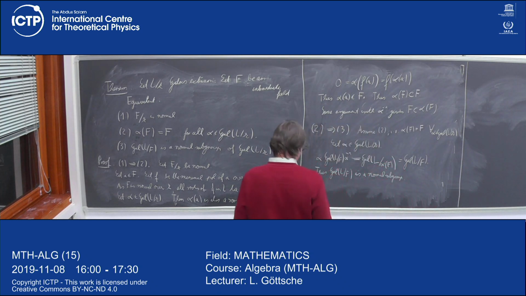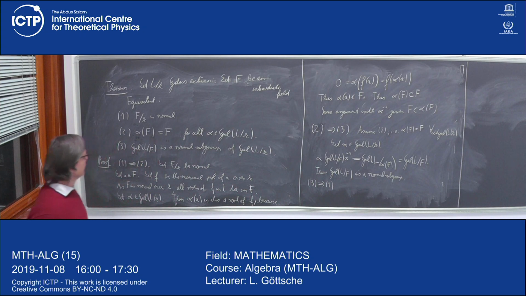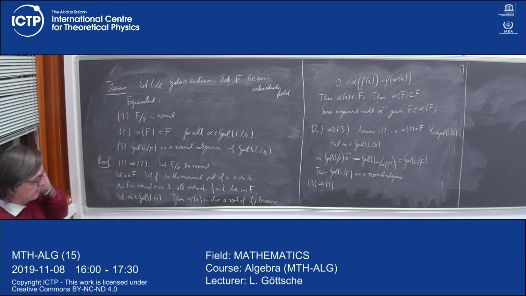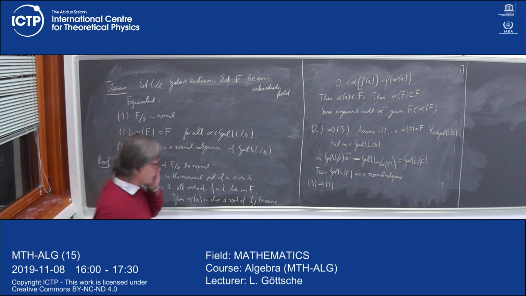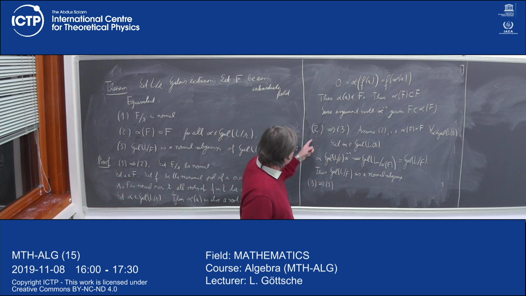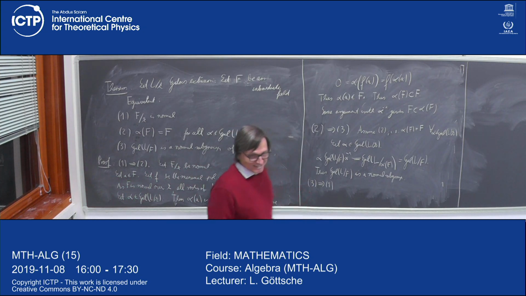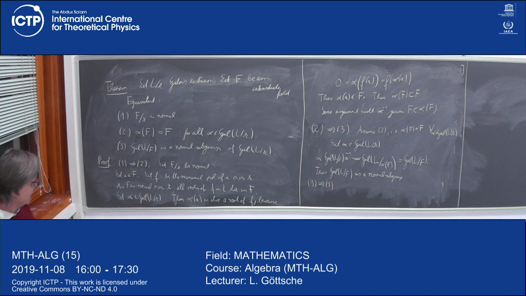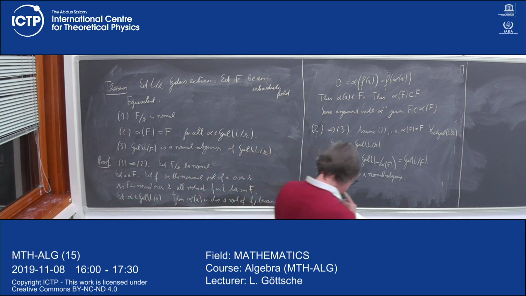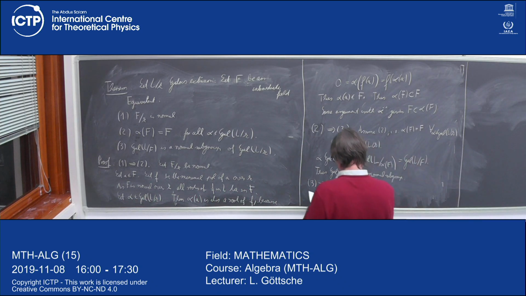And finally, we have to go back. Actually, we don't get any shortcut here. Going back means that we first go from 3 to 2 and then from 2 to 1. It's not like there's a shortcut by going around. This is also the slightly more difficult statement, and here we have to use the fundamental theorem of Galois theory. It's not very difficult.